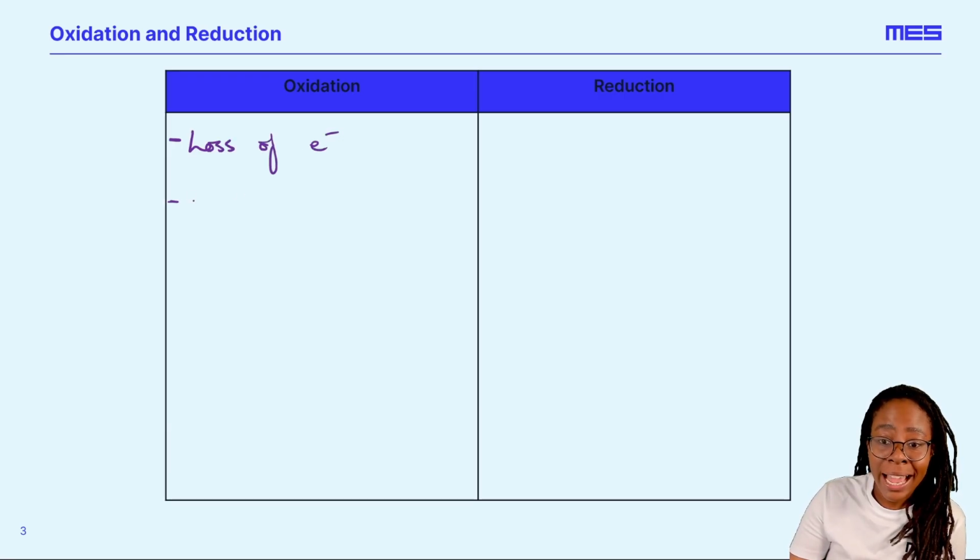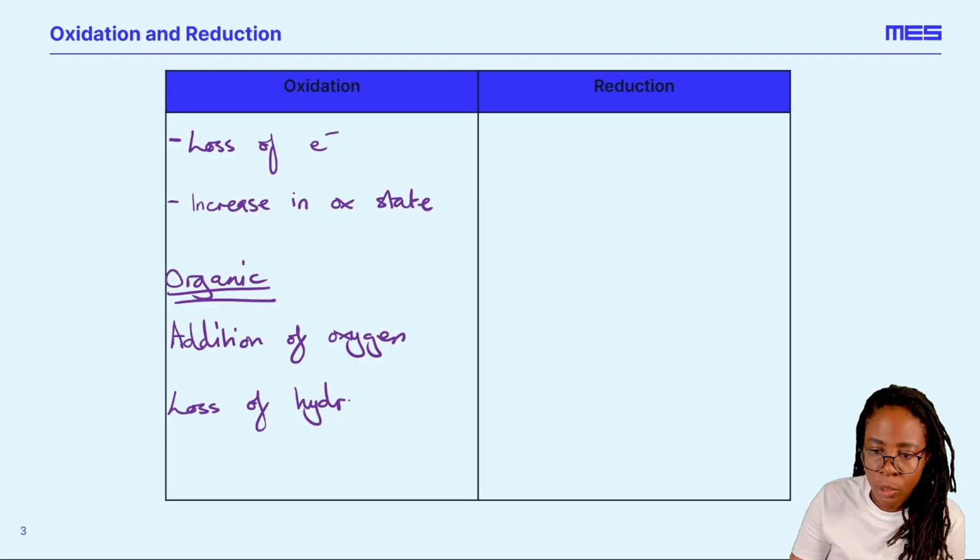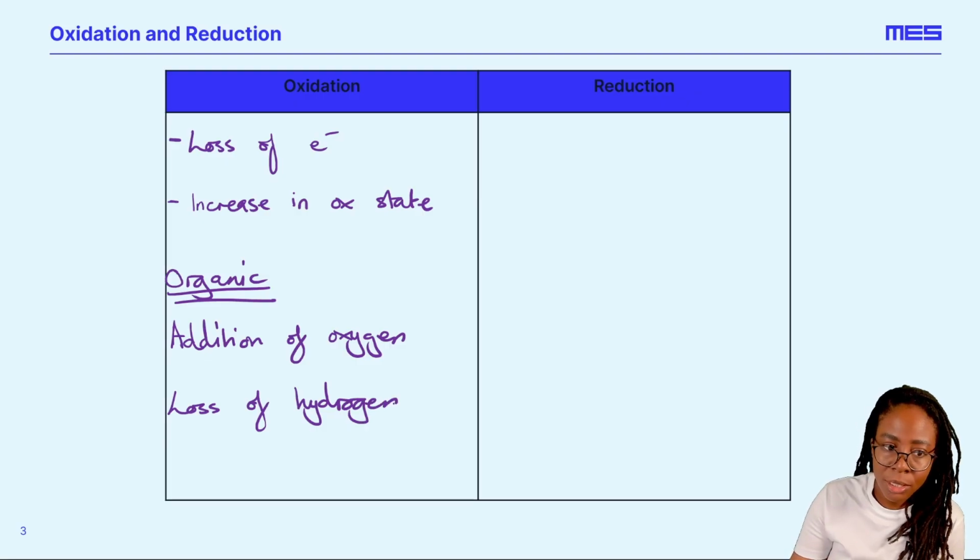You may have seen it as the increase in oxidation state or oxidation number. But in organic chemistry, which is where we are going to see it more commonly, it is the addition of oxygen or the loss of hydrogen, more likely the oxygen one, because oxidation, oxygen, duh.